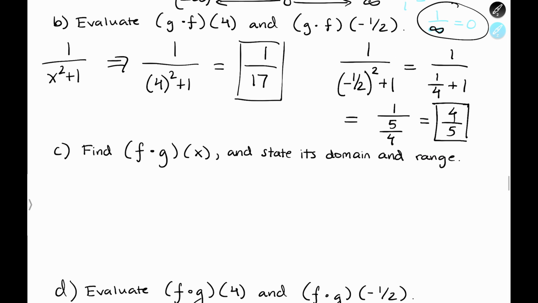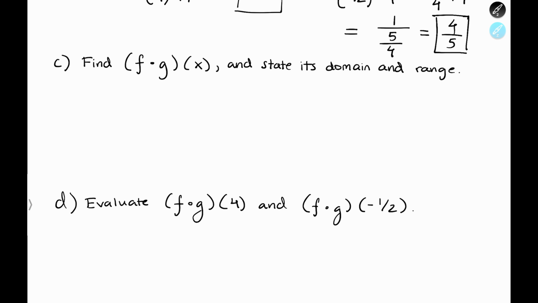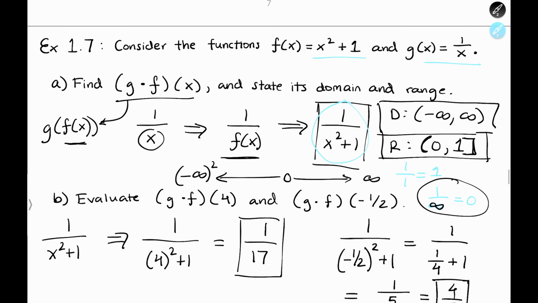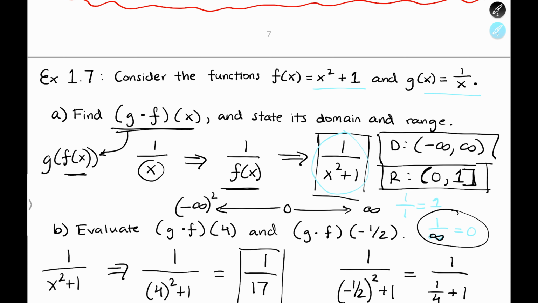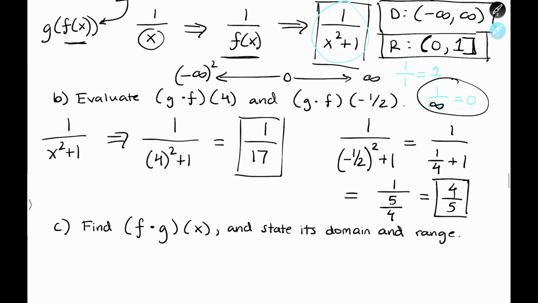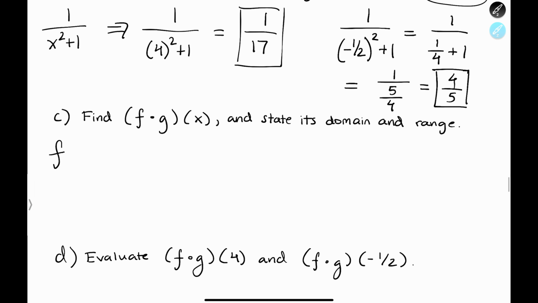Now it's asking us to solve for f of g of x. So in this case we had g of f of x, and now we have to solve for f of g of x. And so we have the function f of x, and we substitute g of x in for x.